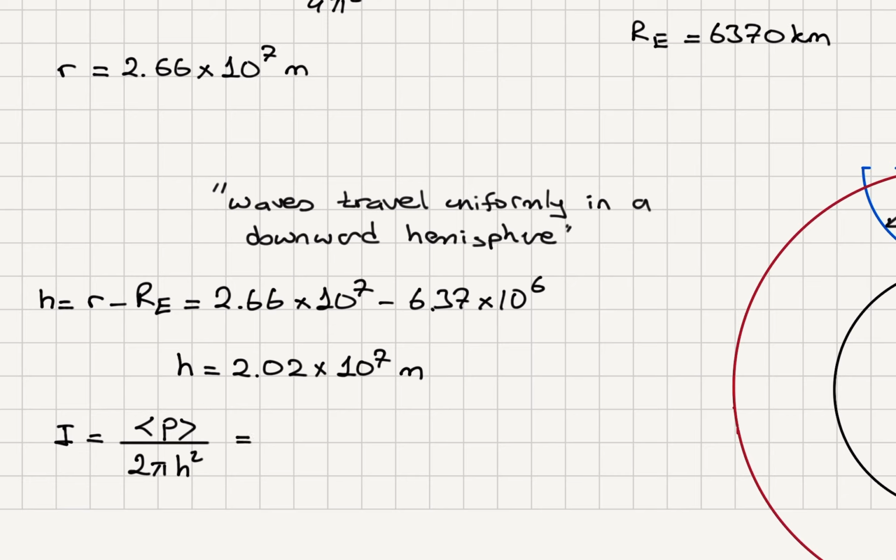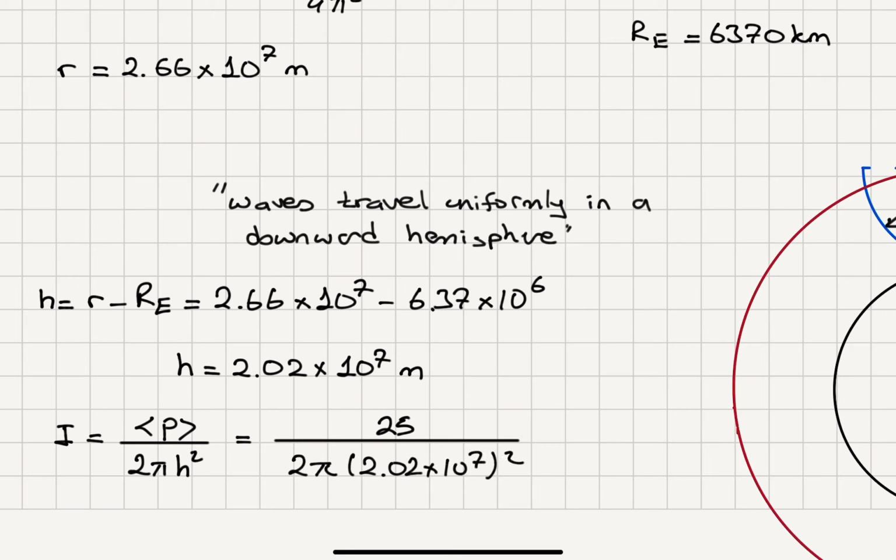Since we have half the power per frequency, for the given frequency we have 25 watts. So it is 25 divided by 2 pi times 2.02 times 10 to 7 meters squared.